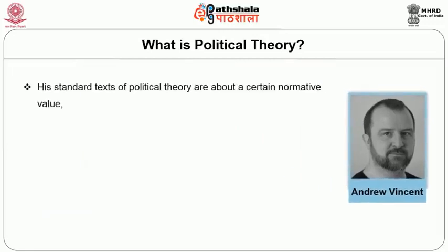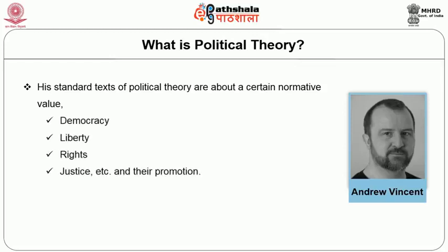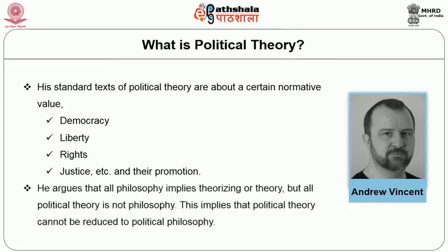Vincent contends that the standard texts of political theory are about certain normative values: democracy, liberty, rights, justice, etc., and their promotion. Vincent argues that all philosophy implies theorizing or theory, but all political theory is not philosophy. This implies that political theory cannot be reduced to political philosophy.